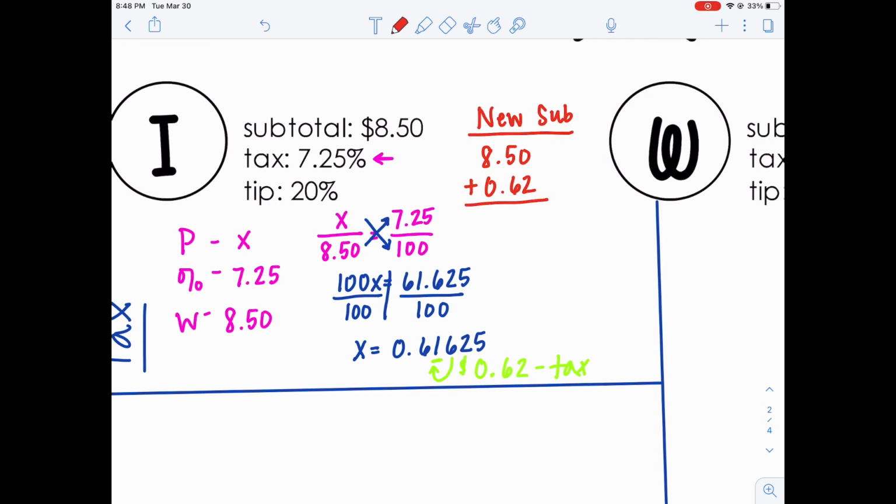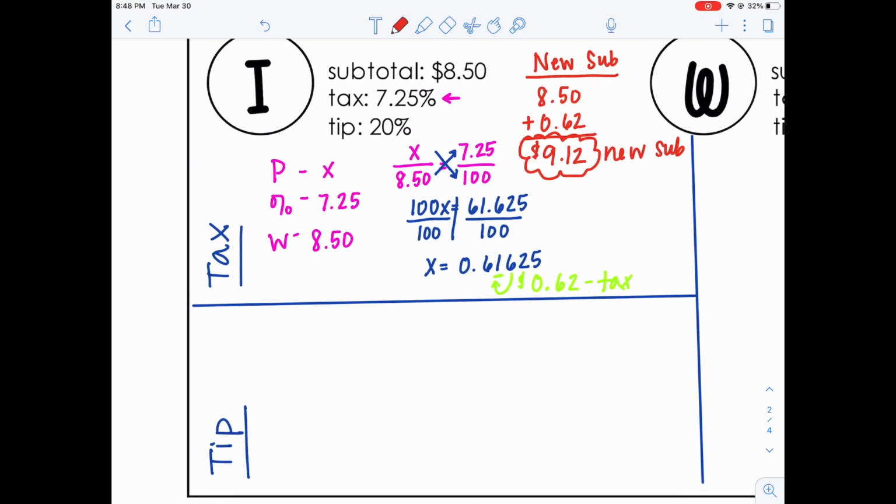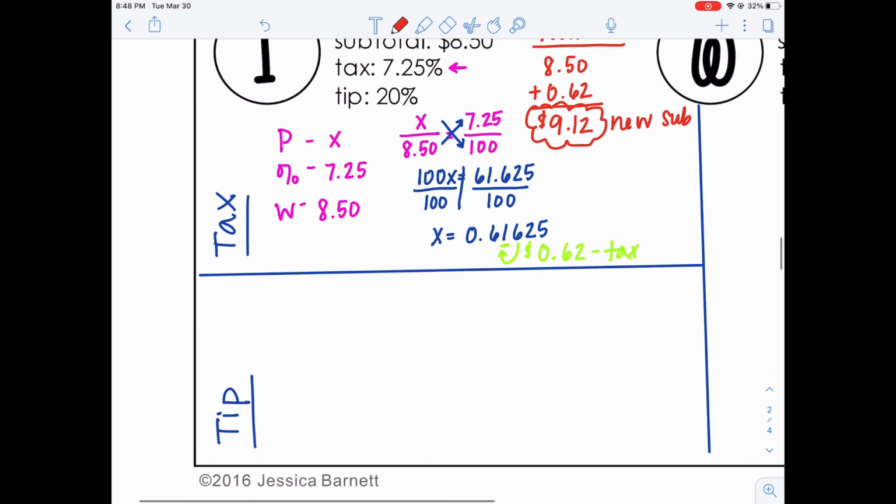So $8.50 plus 62 cents means that my new subtotal is $9.12. Now, once I have my new subtotal, I'm going to immediately take that and use that as the whole when I am calculating the tip.